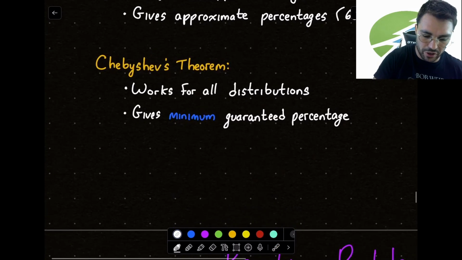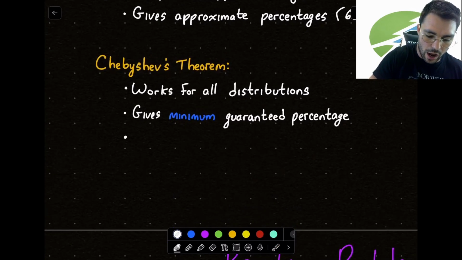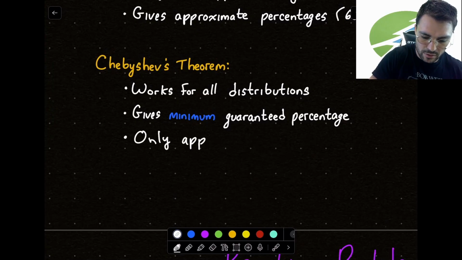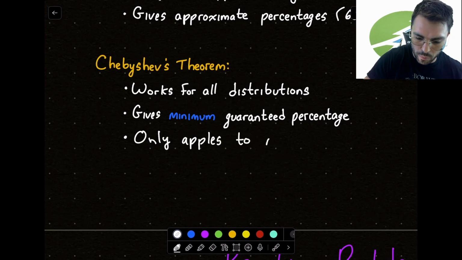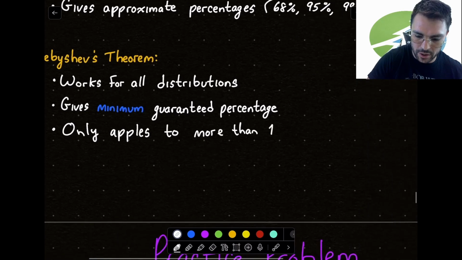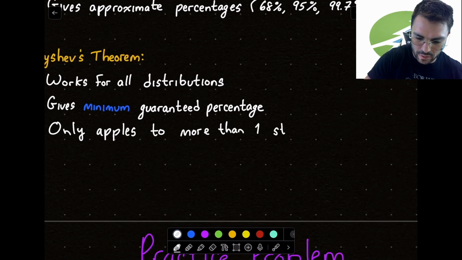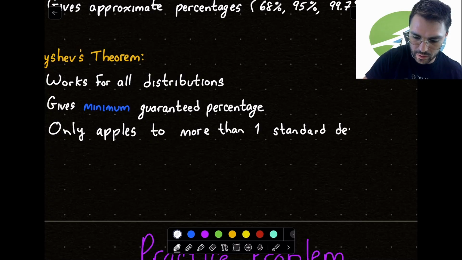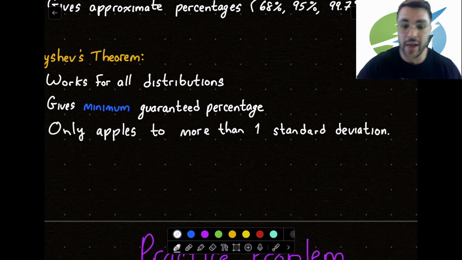And I'm also just going to include here that it only applies to more than one standard deviation. I think that's a fair thing to include that we have to keep in mind.